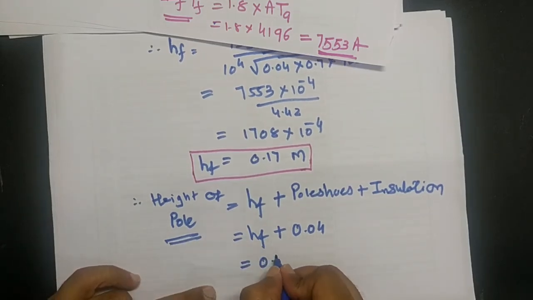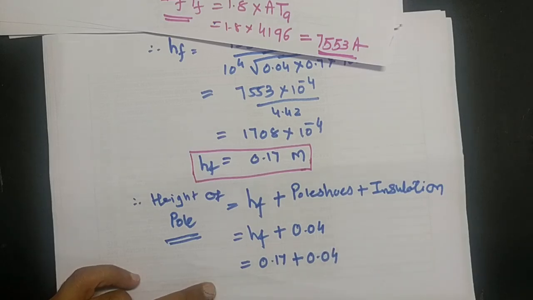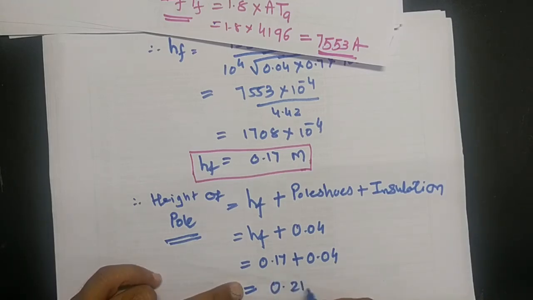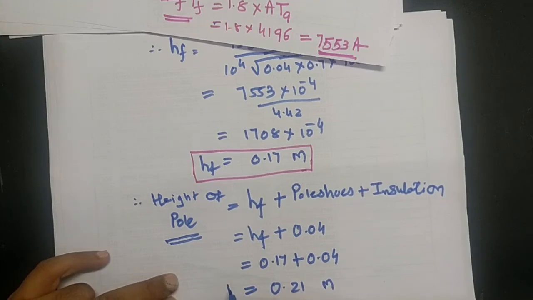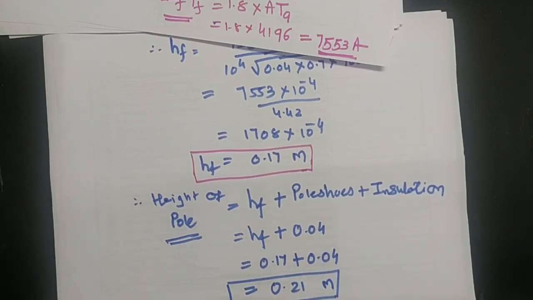So it is 0.17 plus 0.04, so it comes to 0.21 meter, that is the height of the pole. So ultimately we have calculated the dimensions of the pole, that is length, width and height.